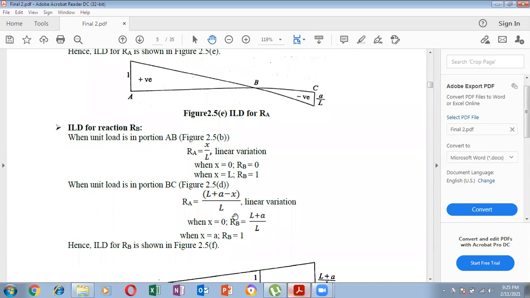Substituting the boundary conditions, when X is equal to 0, it will be (L plus A) by L. When X is equal to A, it will be L by L, which is equal to 1.